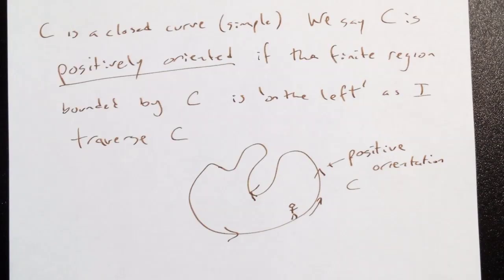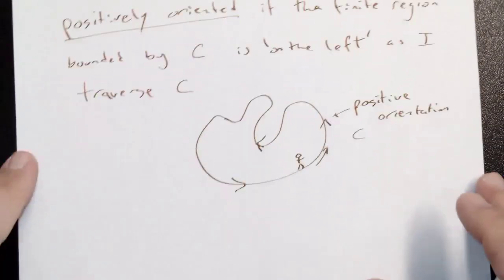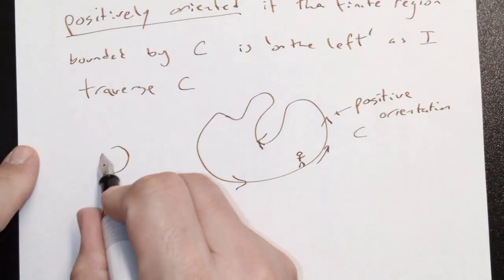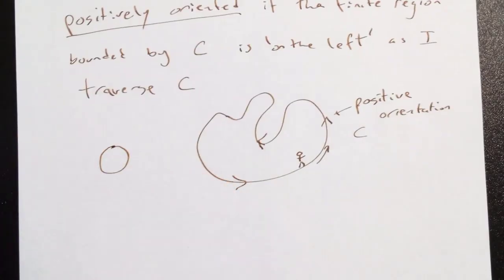Hey, wait a minute. If my curve is just a circle, there's my curve, it's a circle. Which direction is the positively oriented version? Clockwise or counterclockwise?